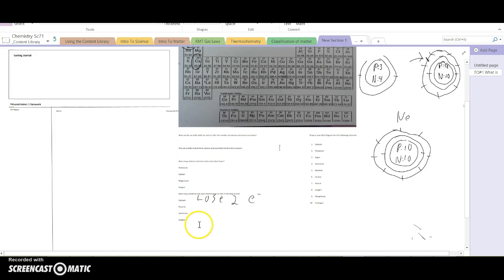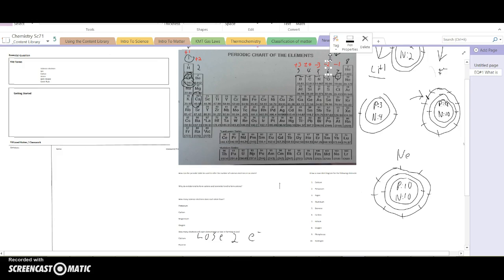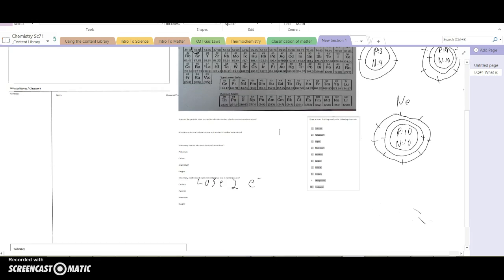Oxygen, right over here, has a negative 2 charge, so it is going to gain 2 electrons. Alright, so that's ions.